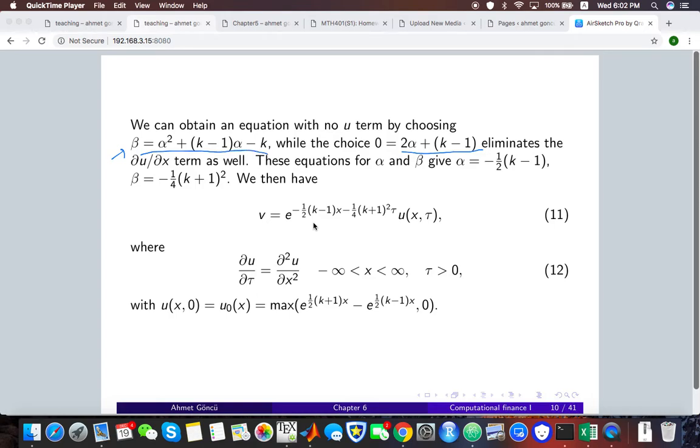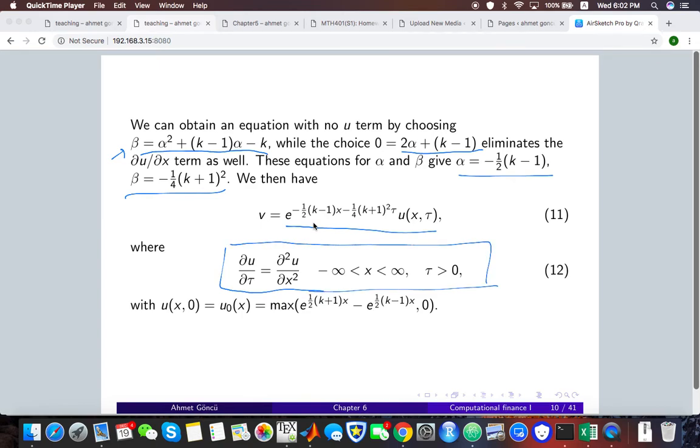Basically, we have two equations and two unknowns here, so you can solve for alpha and beta. That will give you these two results. Then you can go back and substitute everything in terms of our definition for v, and finally this gives us the heat equation that we were trying to get.